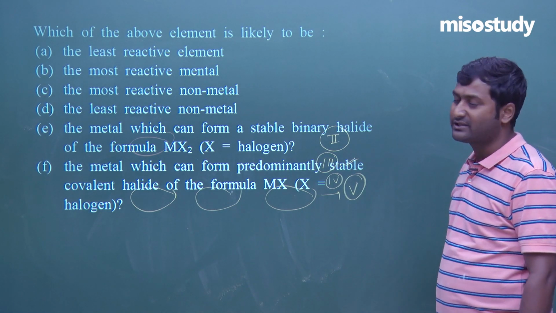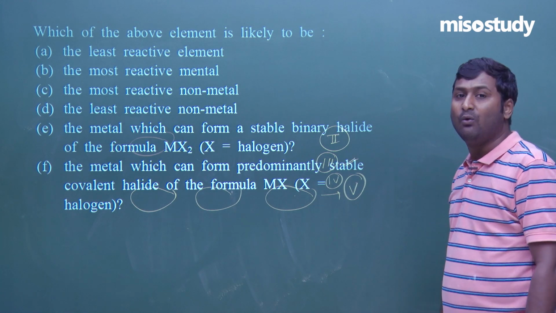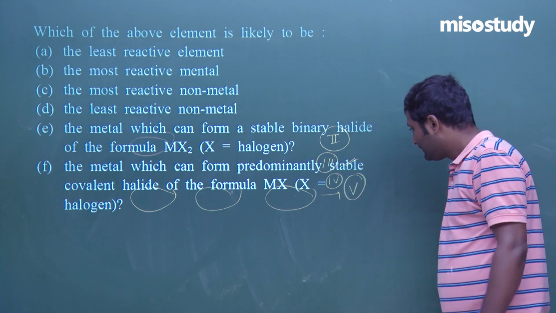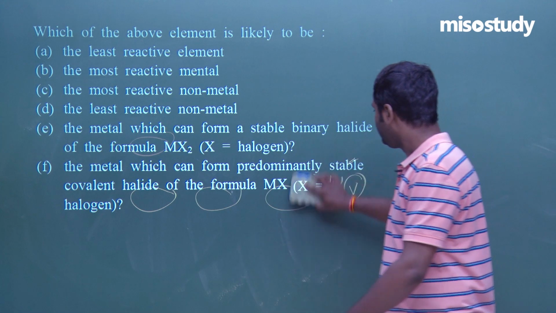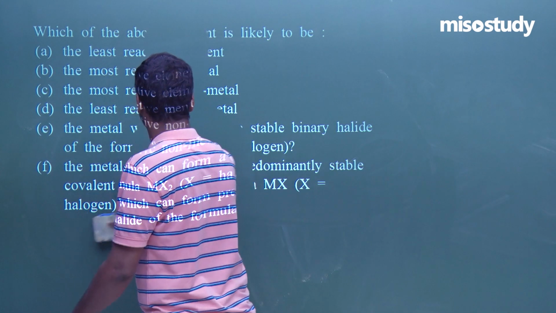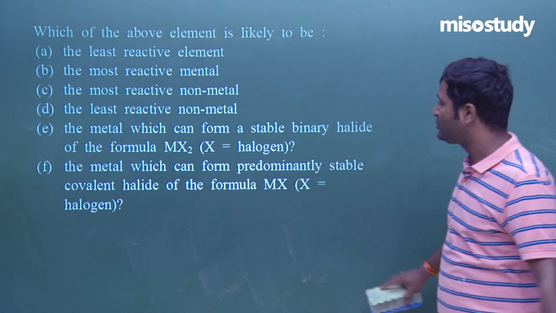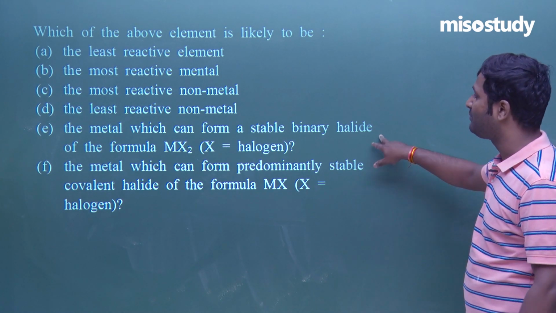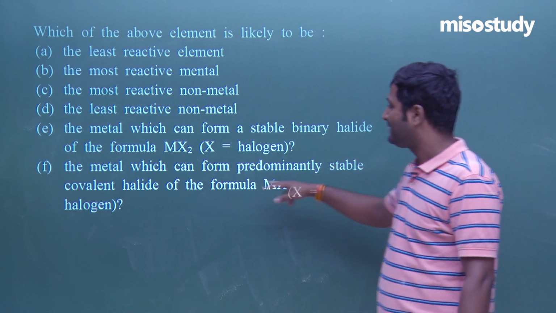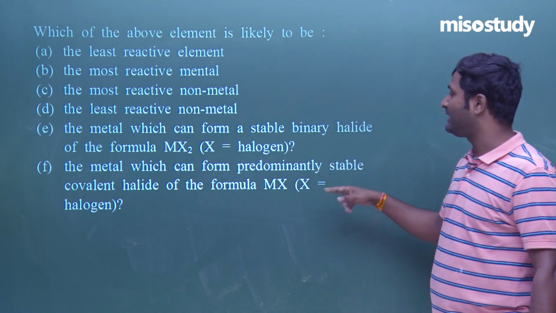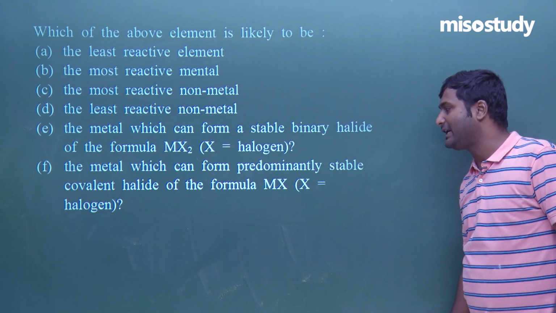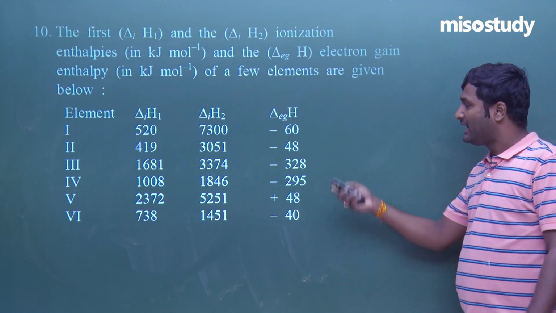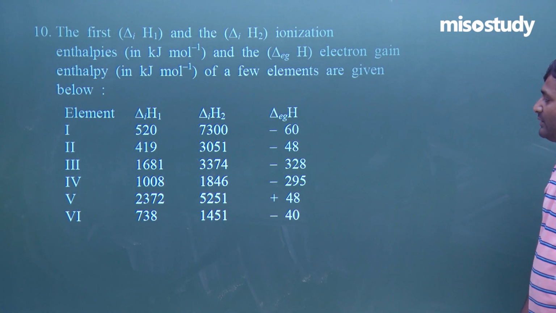Which will form a stable binary halide? Tell me, my friend. Which will form a stable binary halide of the formula MX2, and the metal which can form a predominantly stable covalent halide of the formula MX. Now think on it, which will be the answer in this case, my friend.